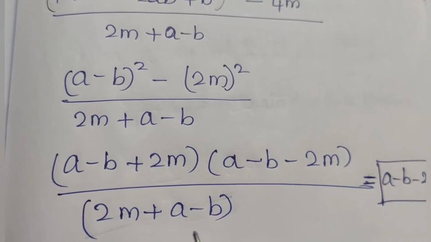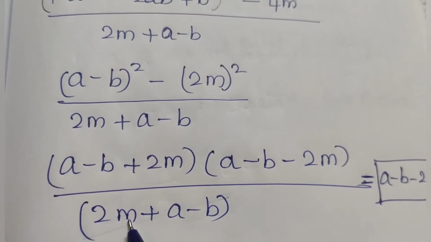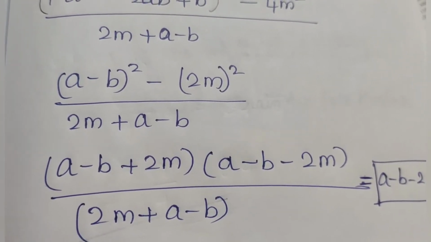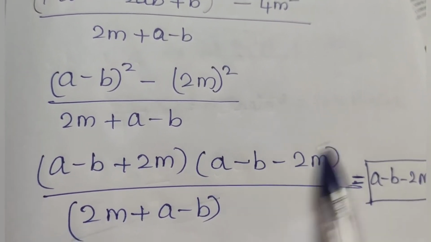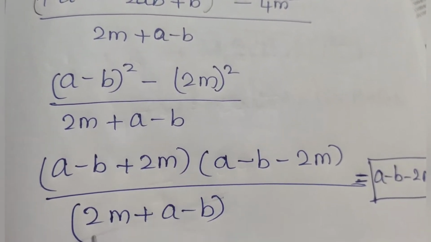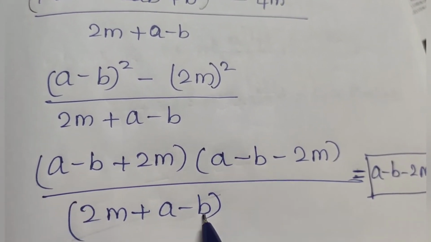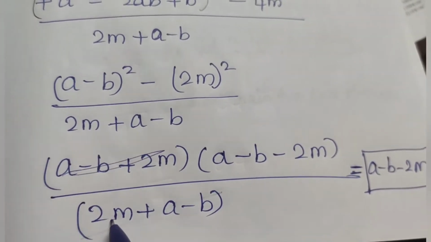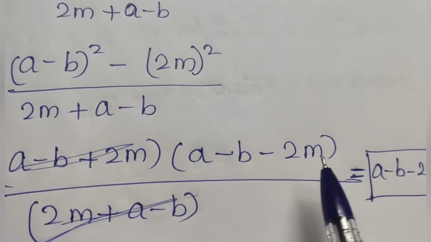Here, listen, plus 2m plus a minus b. See, this is minus 2m, so I can't compare this. This is different. These two are the same. Each term is the same: plus a, minus b, plus 2m. So these two get cancelled. These two get cancelled. So the answer is a minus b minus 2m.